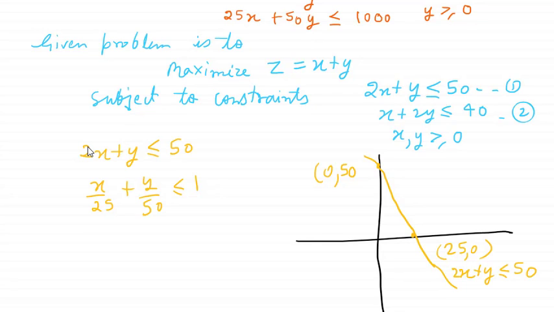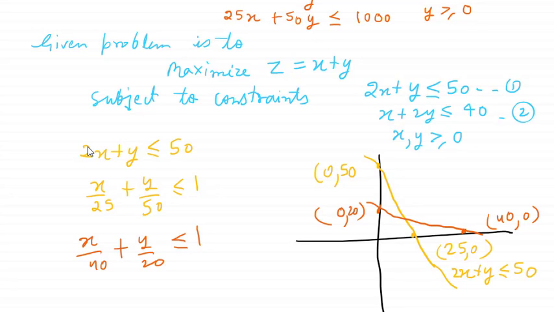Now I will make it for the second equation. So second I'm writing x by 40 plus y by 20 is less than or equal to 1. So x is 40, so it will be somewhere here, 40, 0, and then 20 somewhere here, so 0, 20. So I have drawn it like this. Now we have to find this point also.